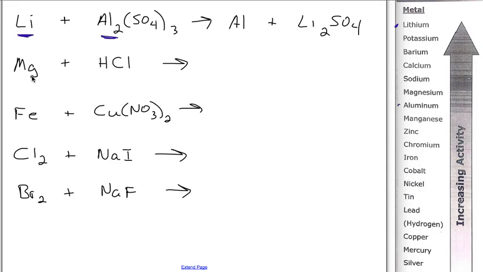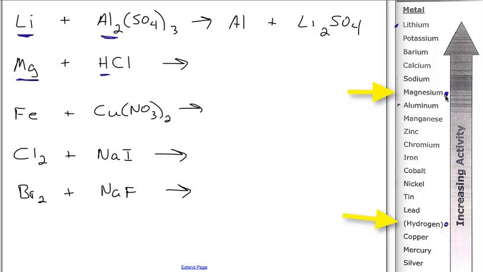Second example, let's go through that. So we've got magnesium here, and the metal would be the hydrogen. Even though it's not a metal, it's the first one written. And so can the magnesium replace the hydrogen? So you need to go and find the magnesium, and magnesium's right here, and hydrogen is down here.